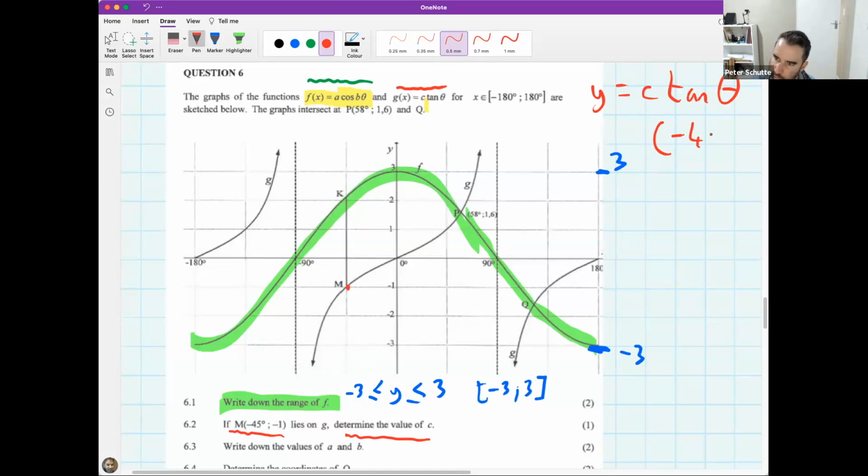That point is (-45, -1). Can you tell me what the C value is? What is that value going to be?